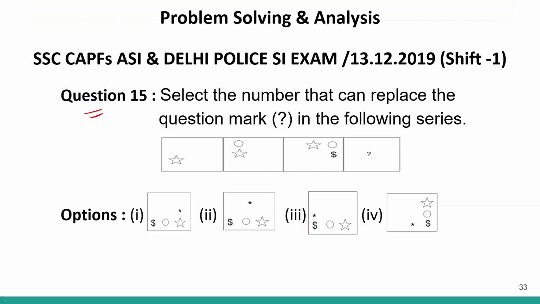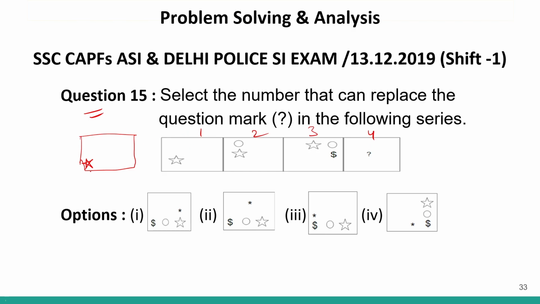Now, question number 15 is a question of non-verbal series. We have certain elements and we have to identify. If you look at this element, the star, this is its position in the first figure, and we have to find the fourth figure.